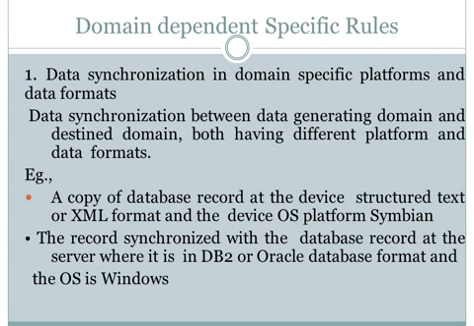Next we look at domain dependent specific rules for synchronization. Why are domain dependent specific rules required? Because synchronization typically takes place between systems with different properties, on different platforms, and at different conditions.